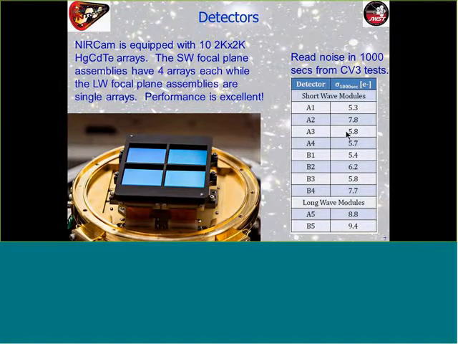Full frame, your shortest exposure is 10.6 seconds, and because of having to reset the pixels, you actually have to spend 21 seconds. But these arrays can be read out in a variety of subarray modes. I'll describe that more when we come to transits, and that's important for looking at bright sources.